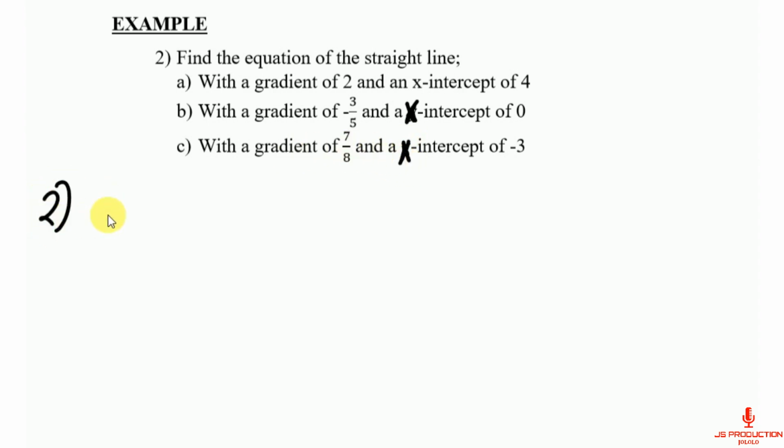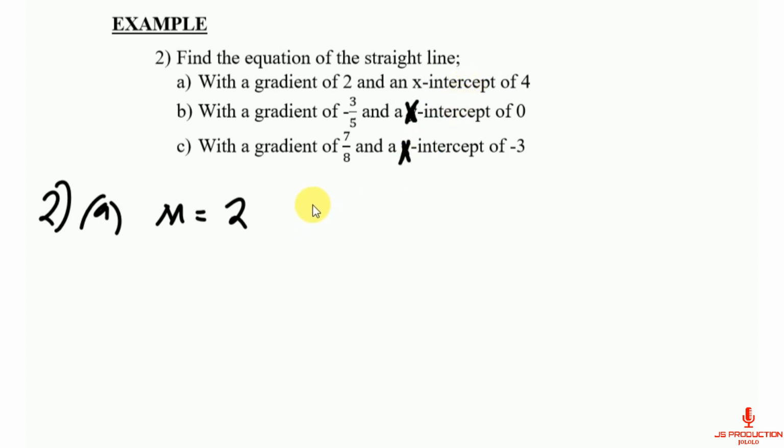So question 2a, I've been told that the gradient is 2 and the x-intercept is 4, and we know that the x-intercept is the x-coordinate where the line cuts the x-axis.